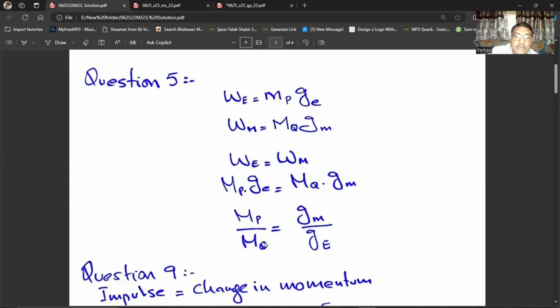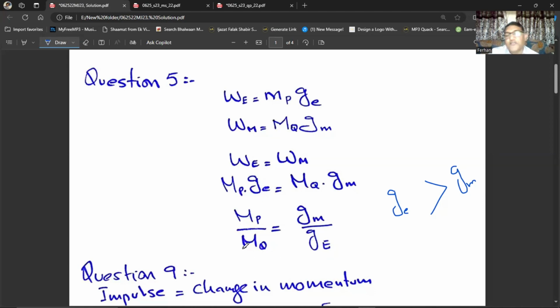You know the g value on the Earth is more than the g value on Mars, because these two ratios are equal. That we know. So that means the denominator here is larger and the numerator is smaller. So from here, because this ratio is equal to this ratio, and GE is greater than GM, the denominator is greater and the numerator is smaller.